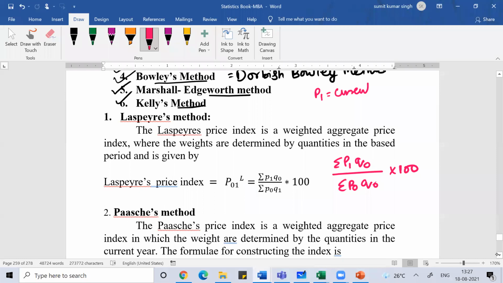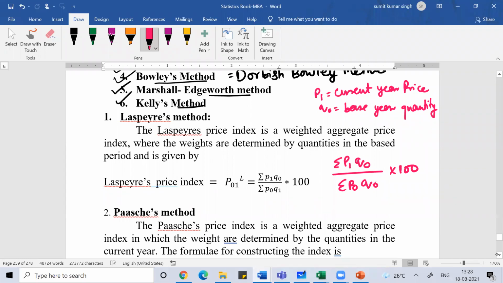You multiply the current year price with the base year quantity and take the sum of that, giving sum of P1 Q naught. Then sum of P naught Q naught means base year price with base year quantity, and take the sum of that. When you calculate this way, it is called the Laspeyres method.